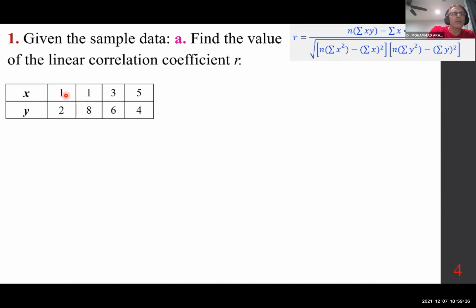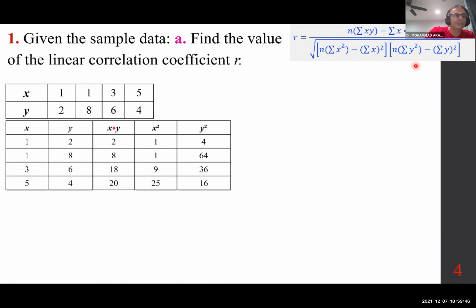So we need to write x and y, and then calculate x times y, x squared, y squared. Let's do that. So here's the column x, here's the column y. When we say x times y means multiply these two. 1 and 2 gives you 2, 1 and 8 gives you 8, 3 and 6, 18, 5 times 4, 20.